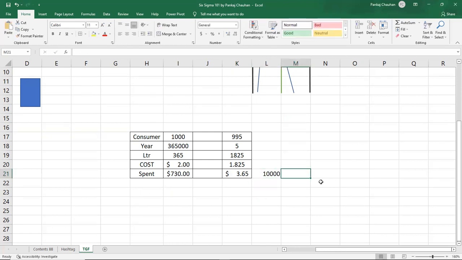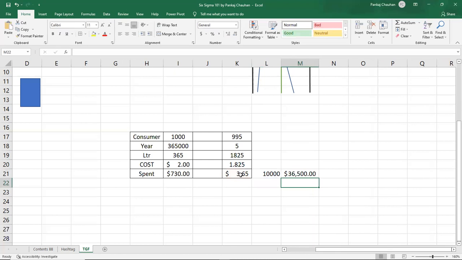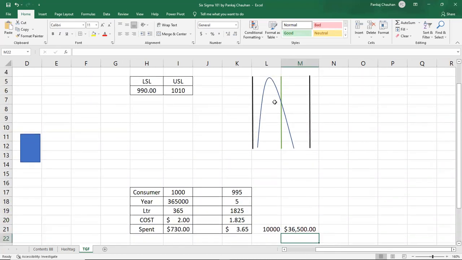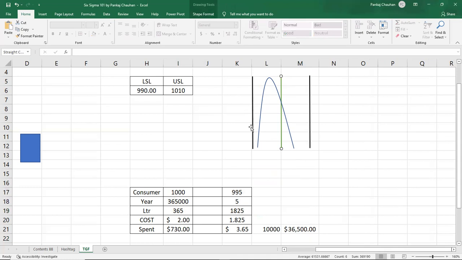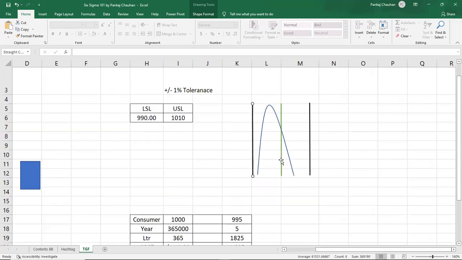So how much is the total saving he is having? Approximately $36,500 he's just saving by taking the benefit of the specification and supplying only 0.5% less than the nominal value to the consumer, though still staying within the specification. So that's how exactly the Taguchi loss function works.